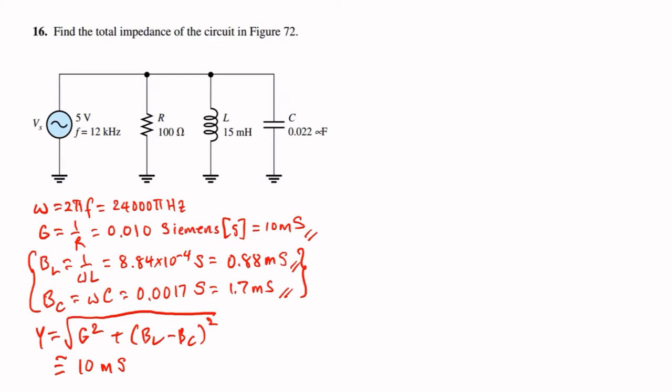And solving for the phase angle, we get arctan of negative (B sub L minus B sub C) over G, and the value in degrees is 4.43 degrees. Again, we expect this to be small because the difference between these two is much smaller compared to the value of the conductance.